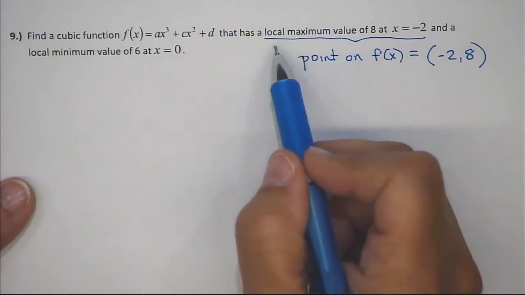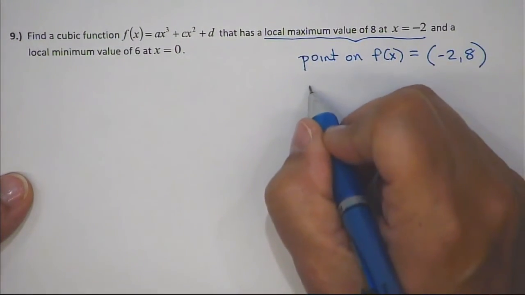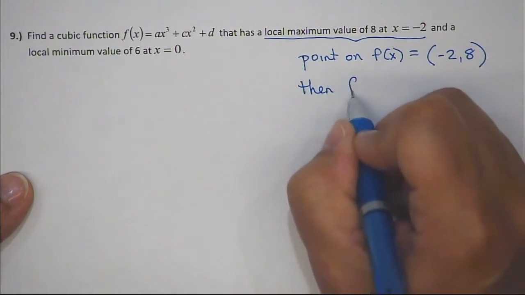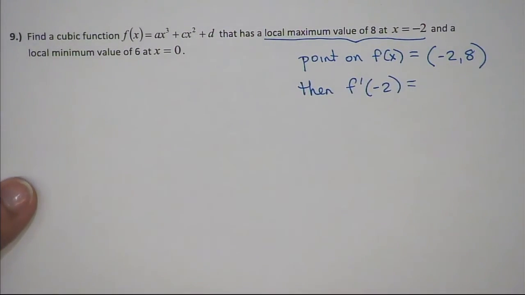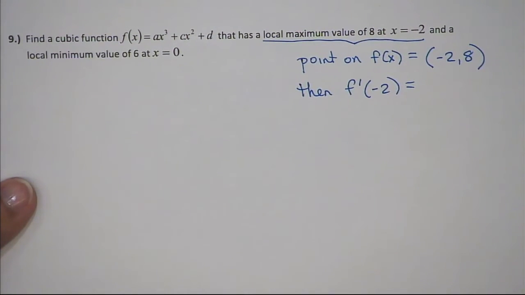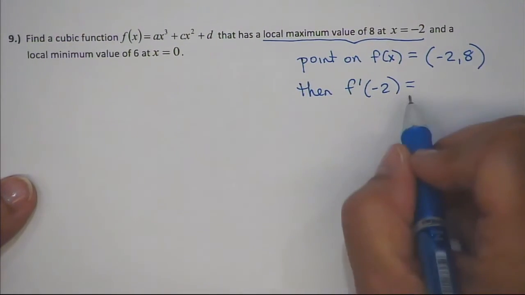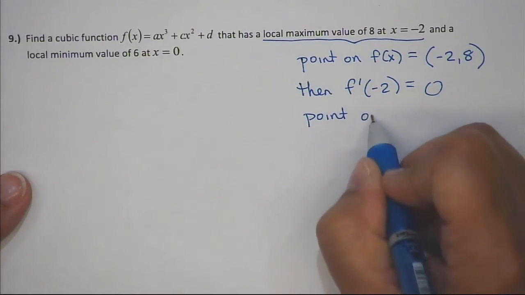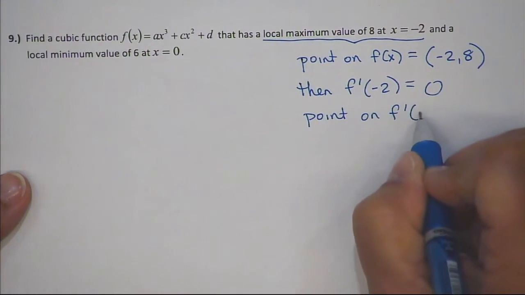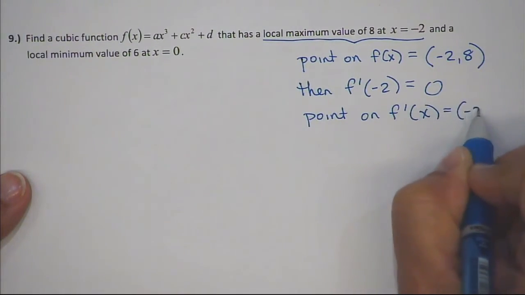But since it is a maximum, then what is f prime of negative 2 equal to? What's the derivative at a max or min? 0, correct? All right, so that means a point on f prime would be negative 2, 0, right?